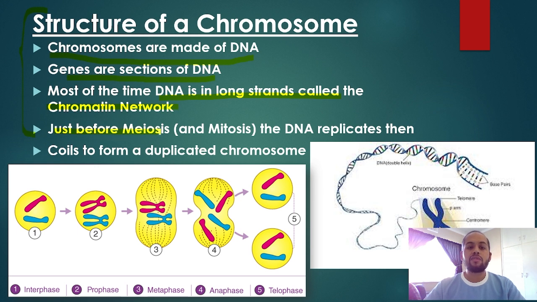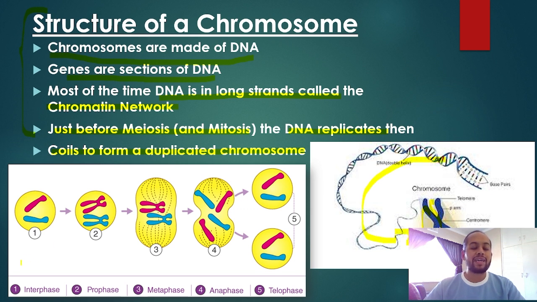Just before meiosis and mitosis, the DNA replicates, then coils to form a duplicated chromosome. So you'd have remembered in DNA replication, originally we had a single chromatid, but that chromatid underwent DNA replication, and the two chromatids became joined to each other by a centromere to form an entire chromosome. So this is basically what we will have, and our DNA is going to be found on the chromosome.